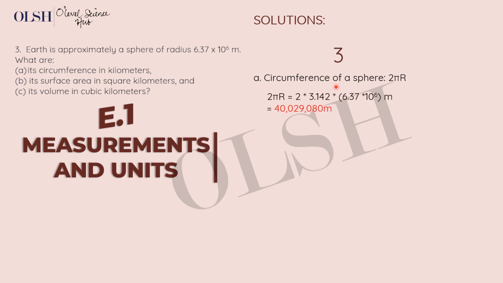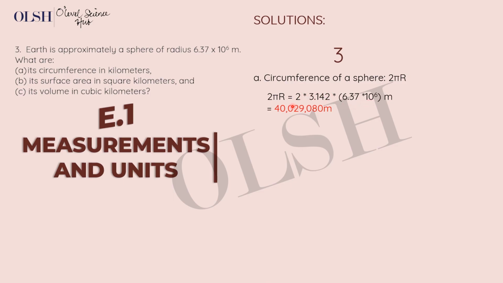If we bring in the value of the radius and that of pi, 2 pi r will be 2 times 3.142, 3.142 being the value of pi, times our radius, which is 6.37 times 10 raised to the power 6 meters. The unit for radius here is meters. Pi is a dimensionless constant, so there's no unit for pi. This 2 is also dimensionless. So we just have one unit, which is meters.